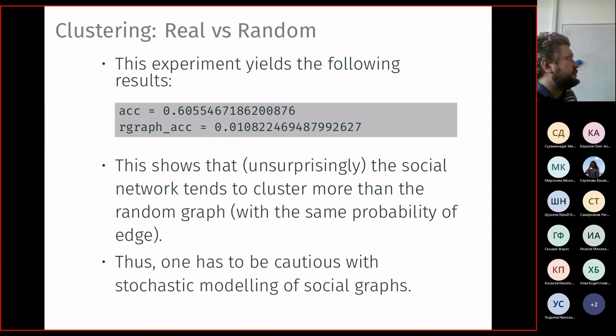And this is the motto of this part of the lecture, that you have to be very cautious with stochastic modeling of social graphs. So when you try to model some sorts of social behavior, of course you wish to, well, for many reasons, you usually do not have access to real-world data sets.